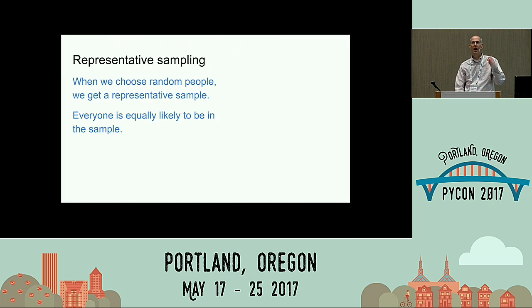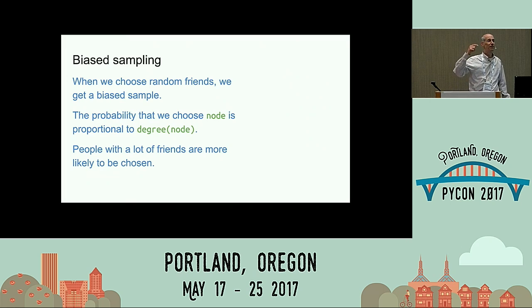The reason is we're not sampling representatively when we sample friends. If I just pick people at random, everybody's equally likely to appear in the sample, and so I'm getting an unbiased view of what the population looks like. I'm getting the true representation of the degree distribution in the population.